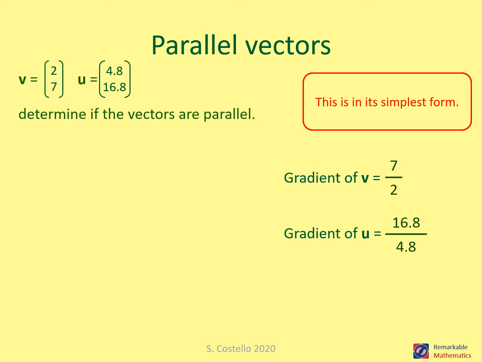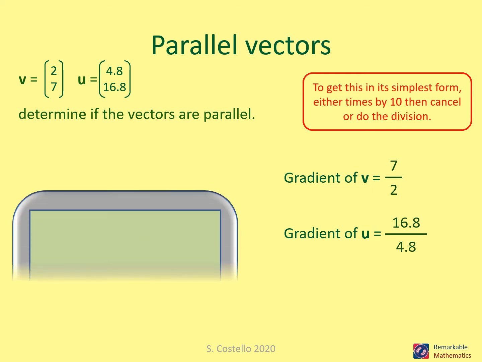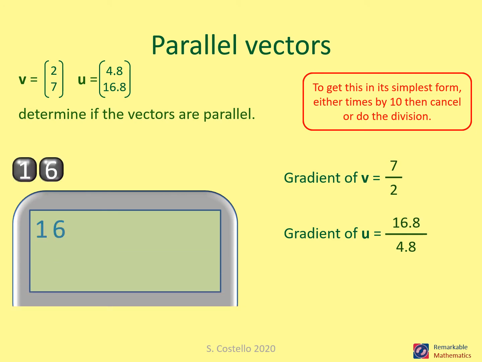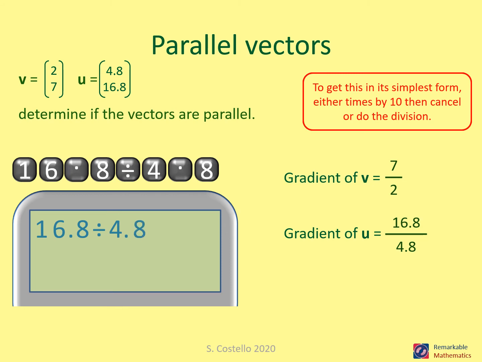Gradient of U, 16.8 over 4.8. To get this in its simplest form, either times by 10 to get rid of the decimal and then cancel down, or do the division, 16.8 divided by 4.8, which equals 7 over 2.